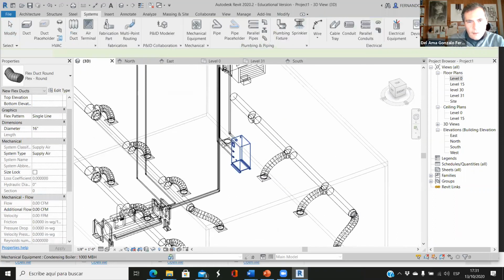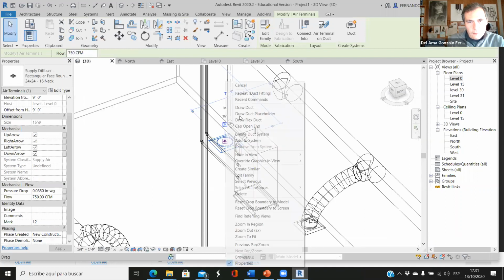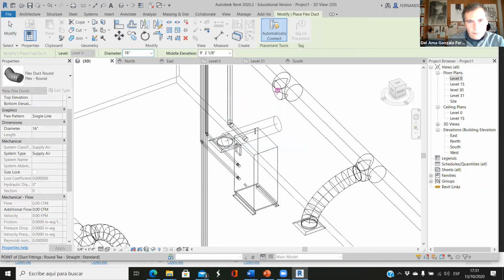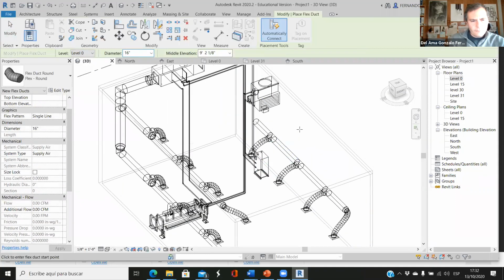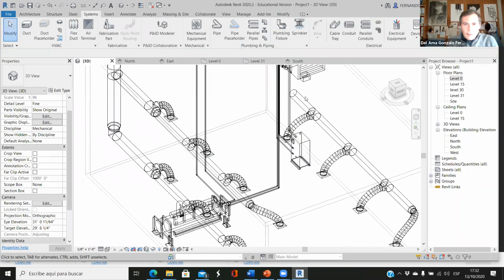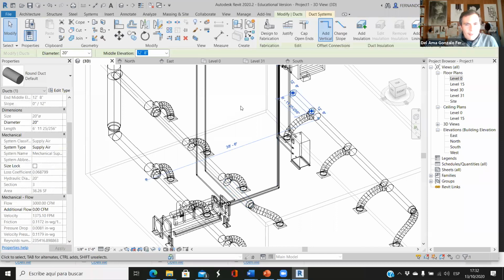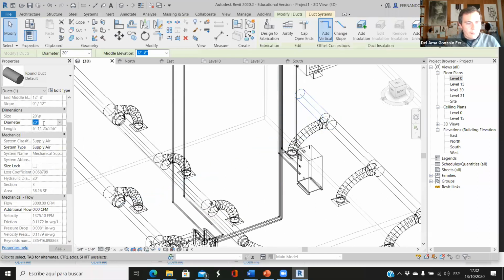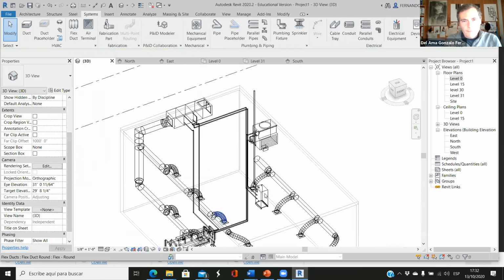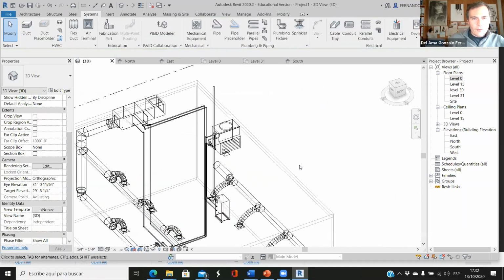We connect this here. And there. If you remember this duct, now the speed is 1300, so we have to make it bigger, let's say 25. Yep. And now we have to go up.